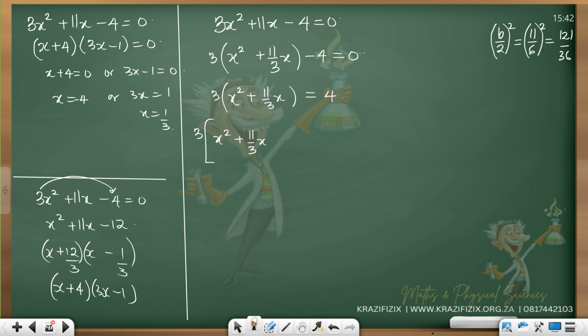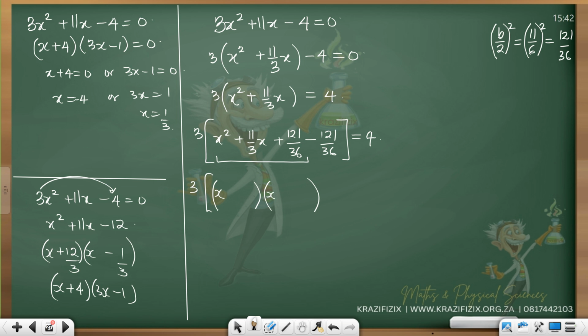Now I need to add 121 over 36 and I need to subtract it again. So the 4 is just going to be there, right? It really makes no difference. If it was on the left hand side, it would just be a negative 4 over 3. That's all. Okay. Perfect square trinomial there. My 3 is still out. Come, let's open the bracket. Let's open 2 brackets now.